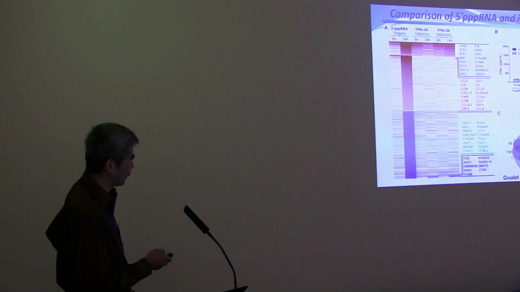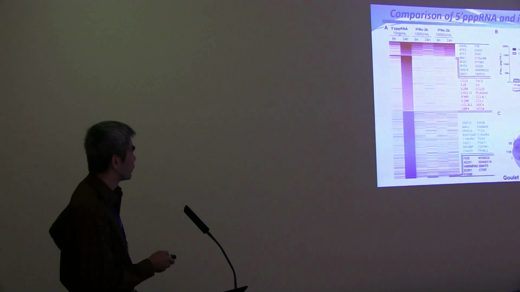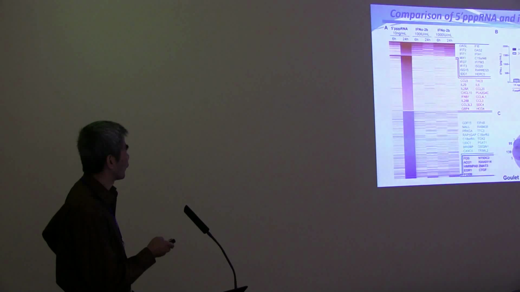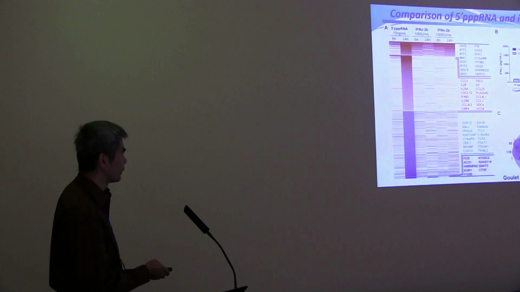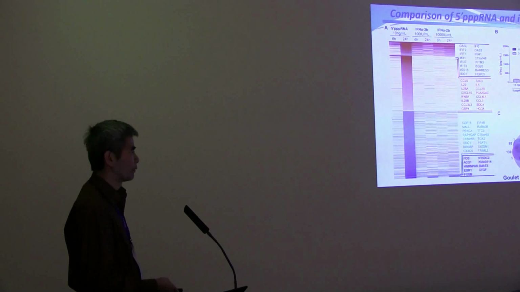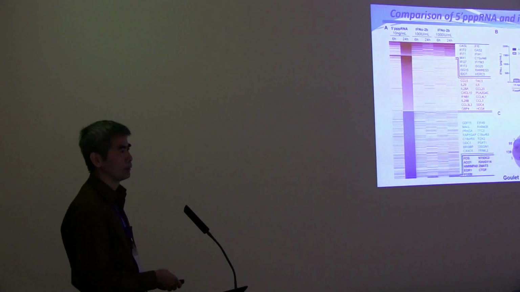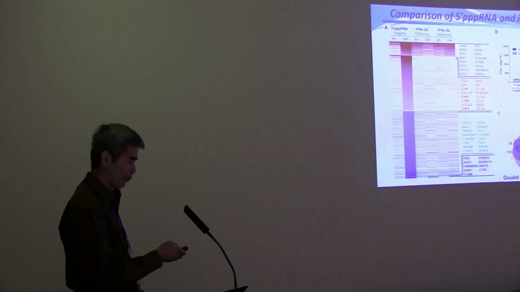Also, in cell models, treating the cells with 5' PPP RNA can protect against several different viruses. These include influenza virus, dengue virus, hepatitis C virus, and also vaccinia virus.